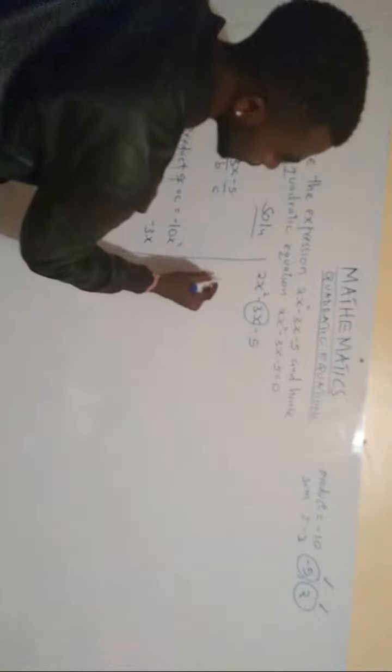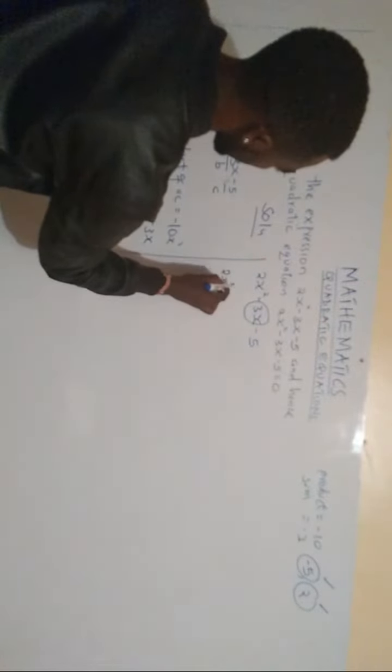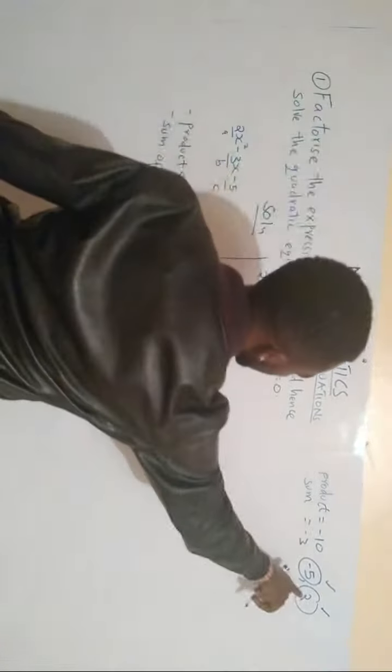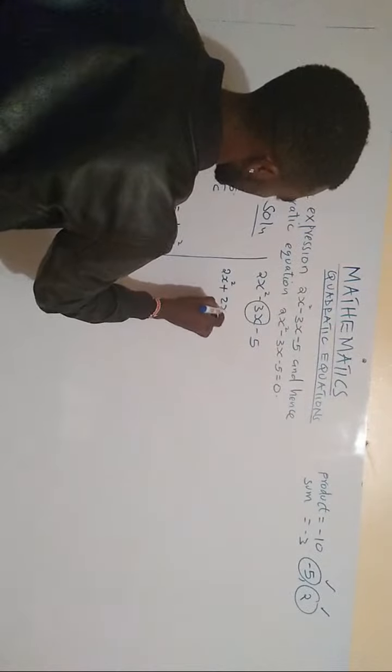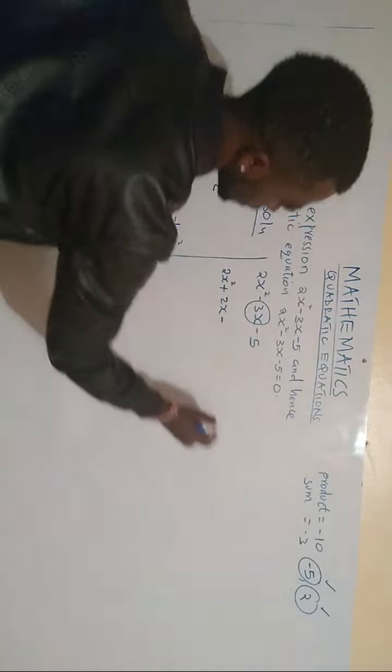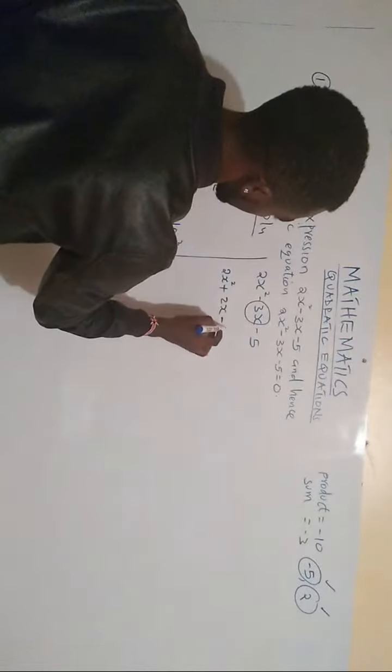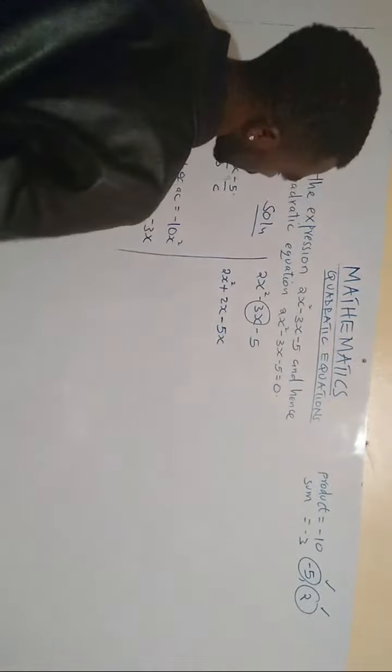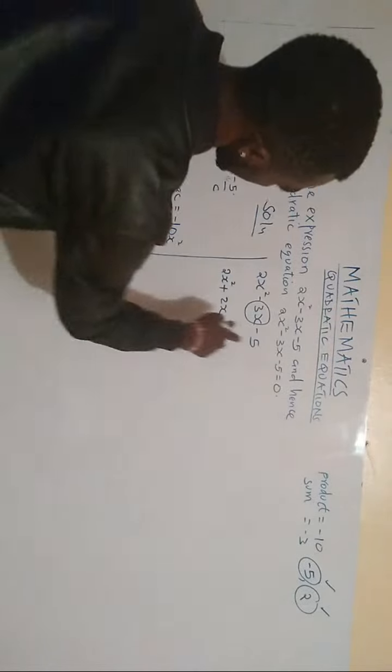So it will be 2x squared plus 2x, all right, then minus 5x, then minus 5.